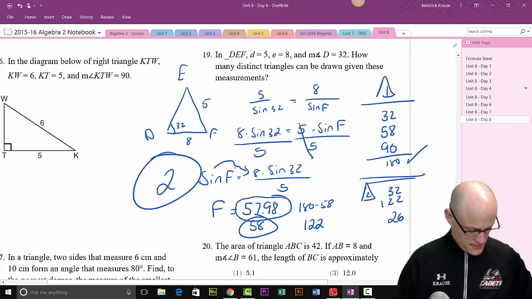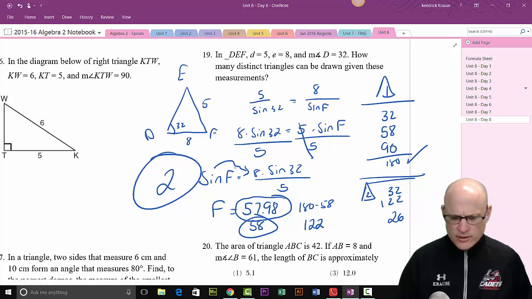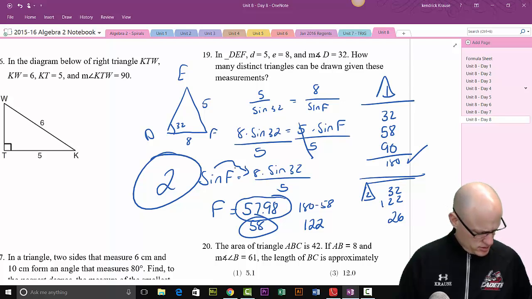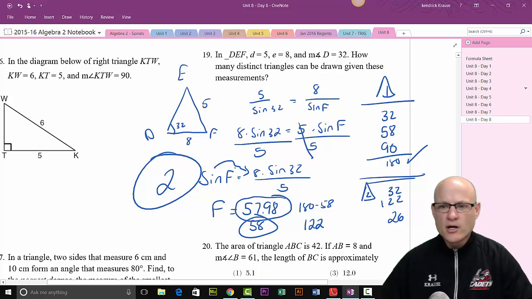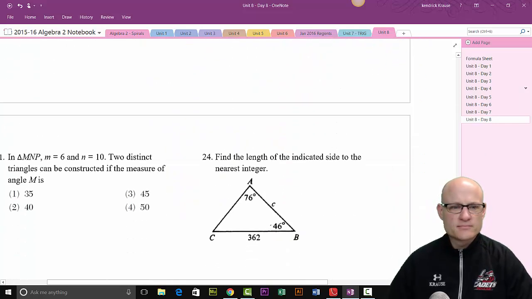Next problem I do is 21. What is it, 21? 22, 23. Oh, this one's a little tricky. It's actually 21, I think, for you guys.